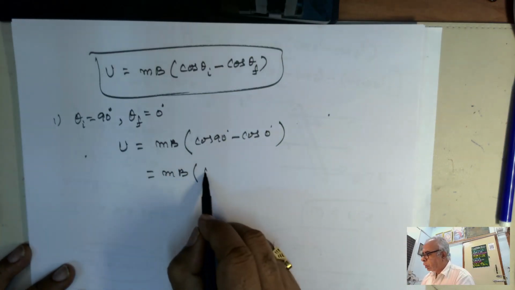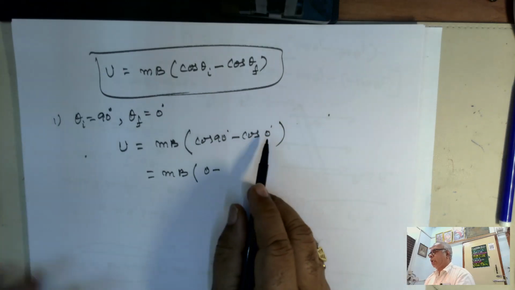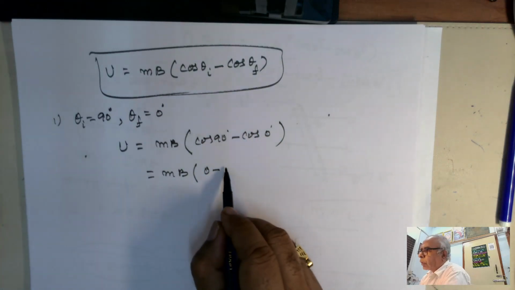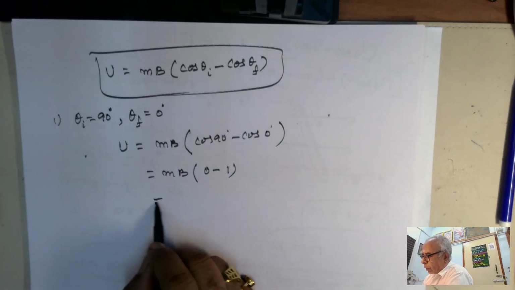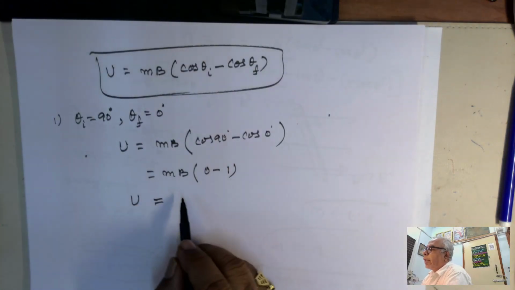Cos 90 is 0, and cos 0 is 1, so you can put 1. It means U is equal to minus mB.